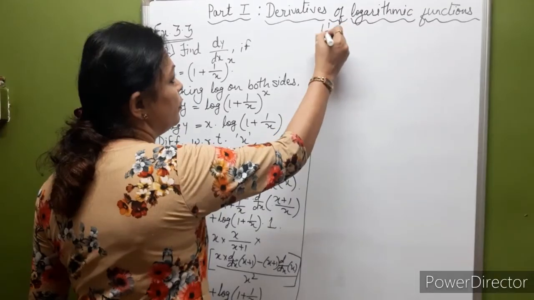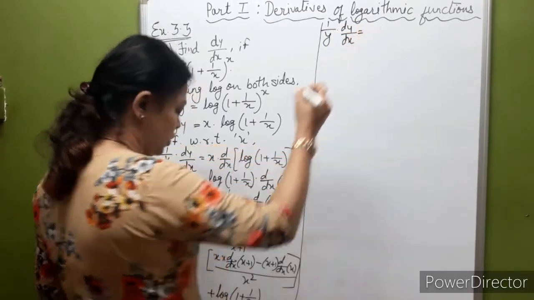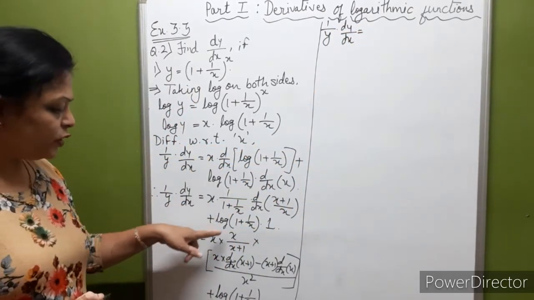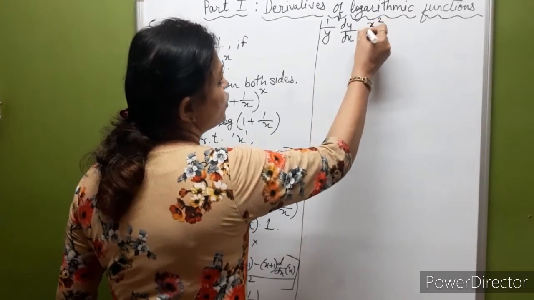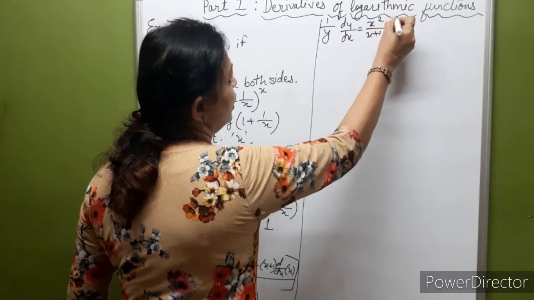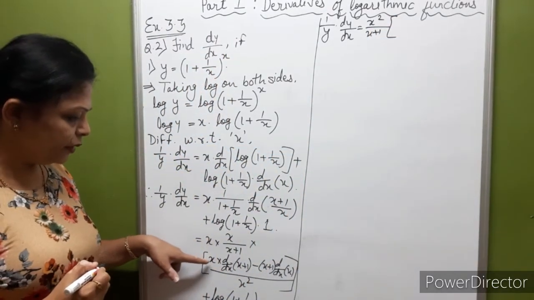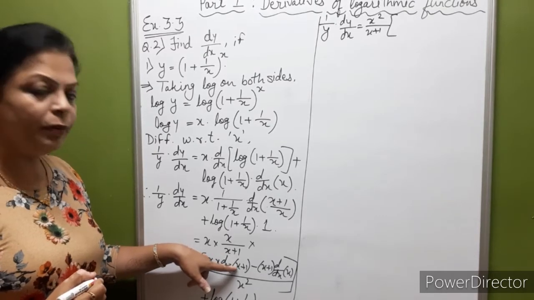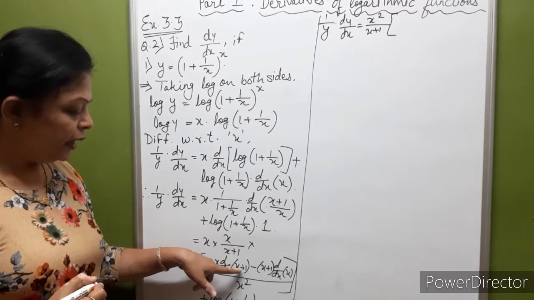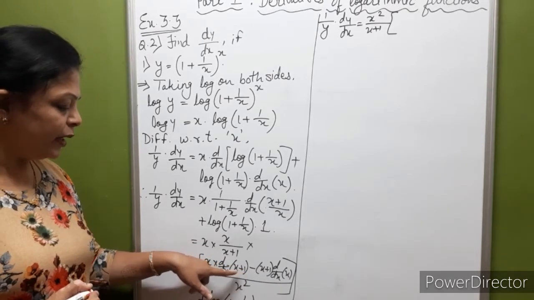So you get 1 upon y into dy by dx is equal to x square upon (x plus 1) into the square bracket. What will you get here? x into d dx of x will be 1 and d dx of 1 will be 0. That means d dx of (x plus 1) is 1.